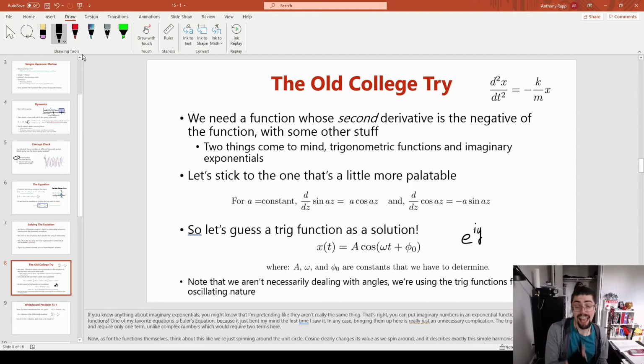And actually, as it turns out, e to the iy like this is effectively equivalent to sine and cosine. You can actually use those as substitutions. I think in Calc 2 this gets covered, Euler's equation, which is e to the i pi plus 1 is equal to 0.